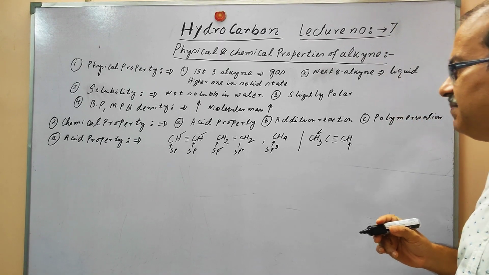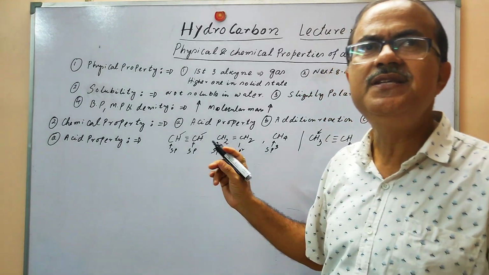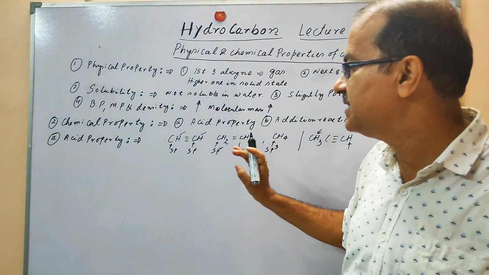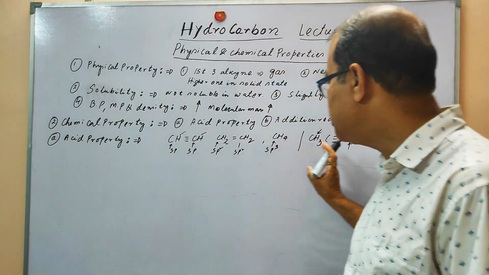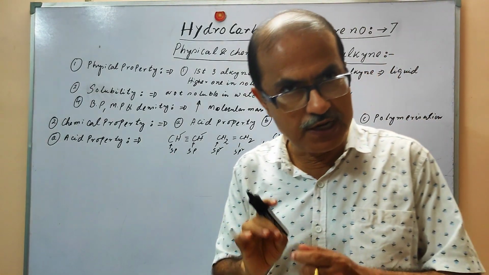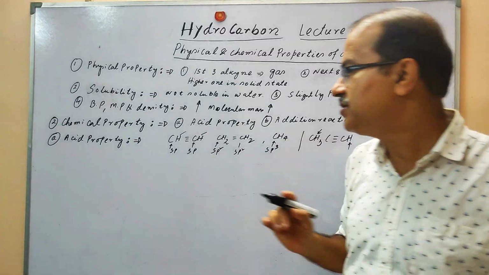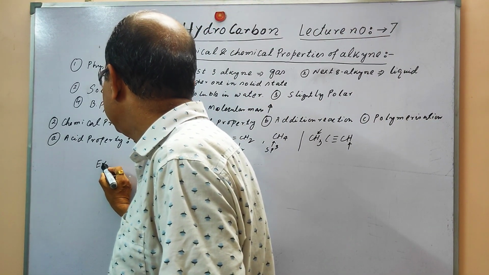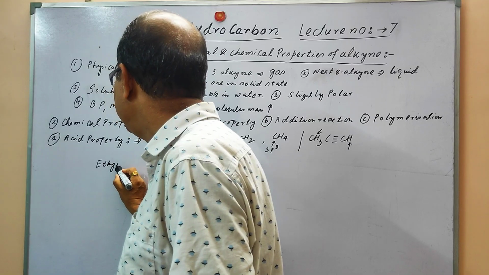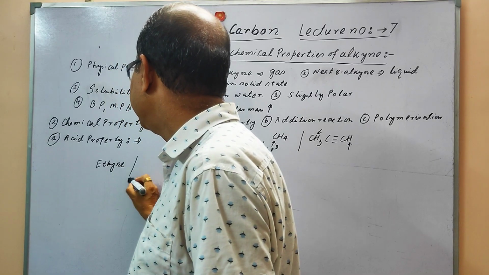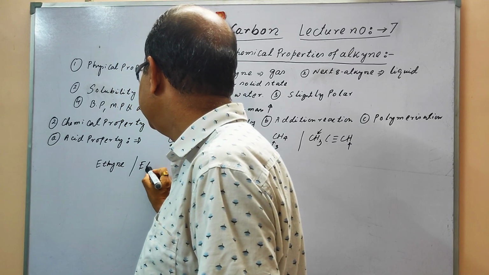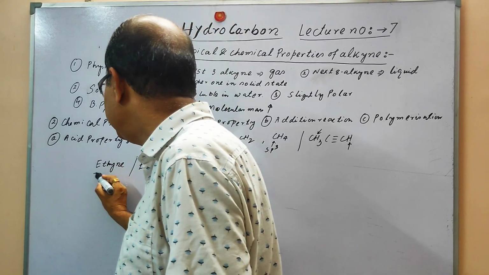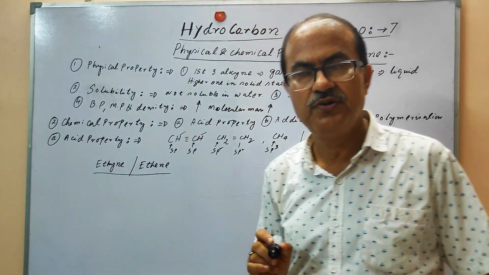There is a test by which, exploiting the acid property, you are able to distinguish. Sometimes the question arises, how do you distinguish? Suppose the question is this: you have been given one compound which is ethyne and another compound which is ethene. How do you distinguish between these two hydrocarbons?